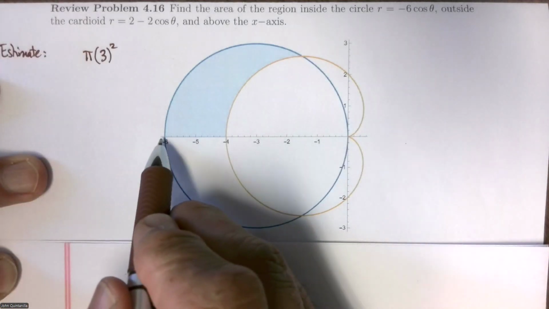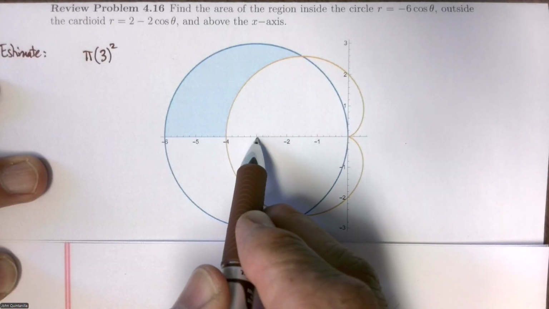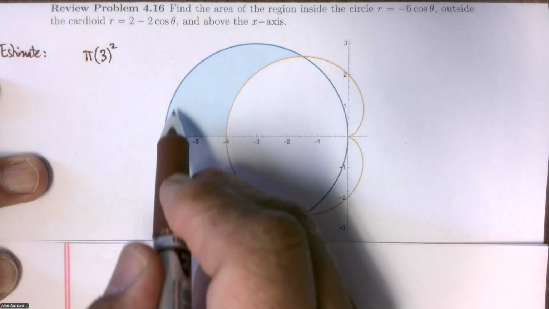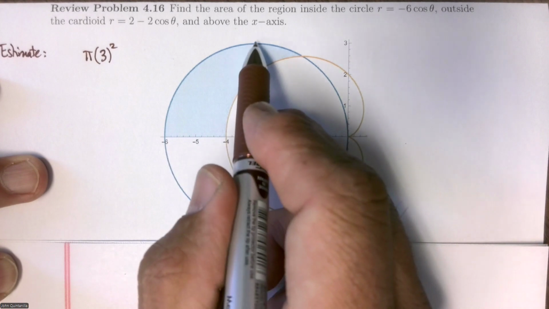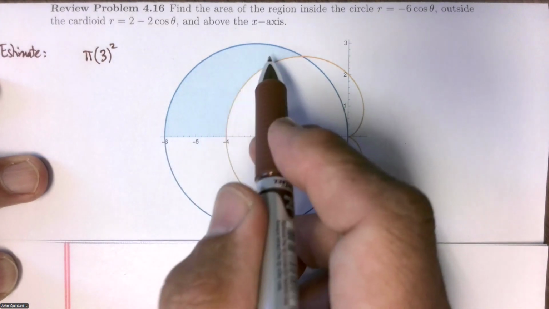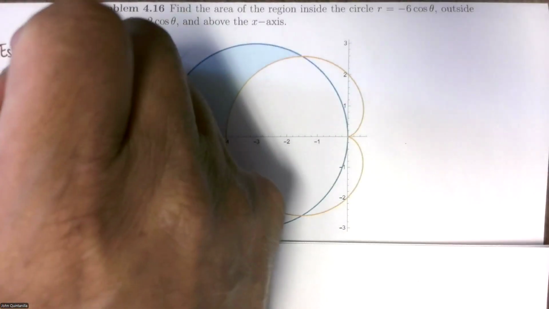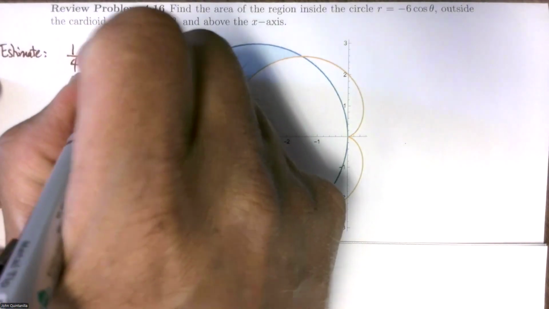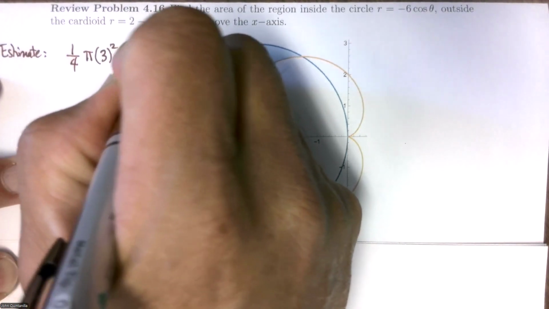Now, if I look at a quarter of that circle, if I go to the center of this and just draw a quarter circle, this quarter circle looks to be about the same size as the shaded region that I have here. So I'm going to estimate that the area that I get is going to be roughly the same as a quarter circle. So 9 pi over 4.